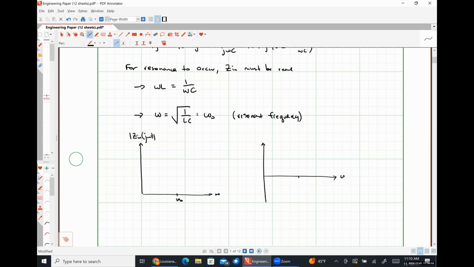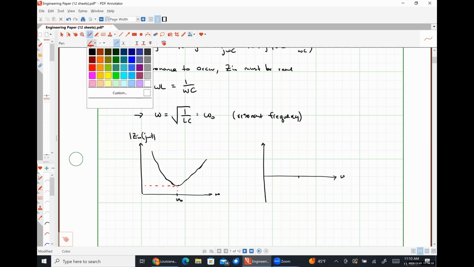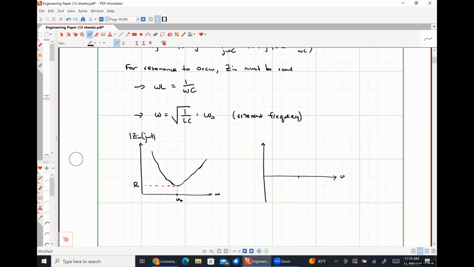So for the magnitude of our impedance, we should have a curve that looks something like this. It's going to decrease until we hit omega naught, and then it is going to turn around, and we should see that our impedance is simply R, the real part of the impedance at our resonant frequency.